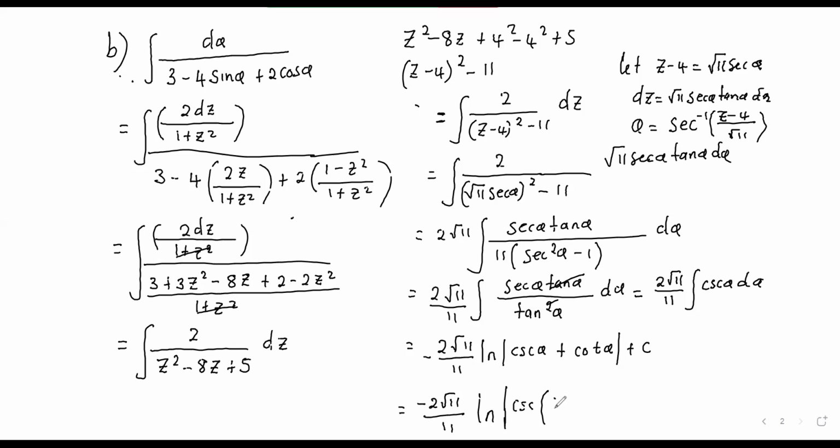Where there's theta, you put sec inverse z minus 4 over root 11, plus cot sec inverse z minus 4 over root 11, of course, plus c. That's how the integral comes out.